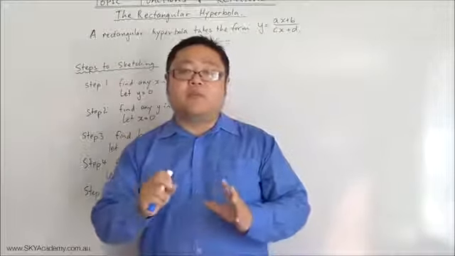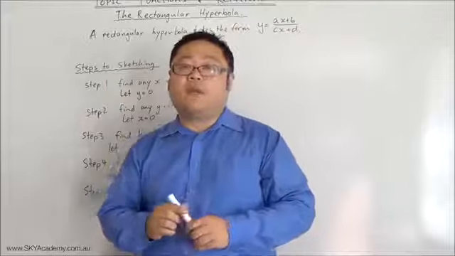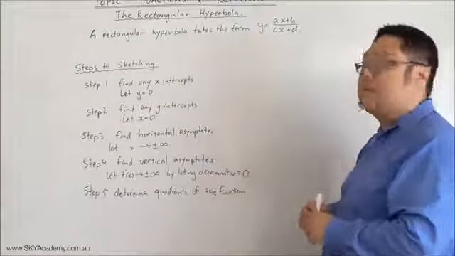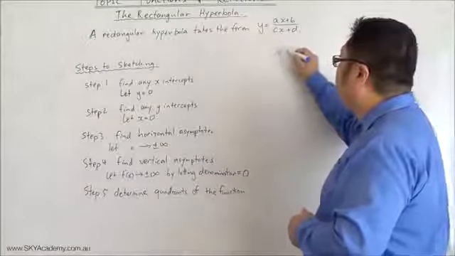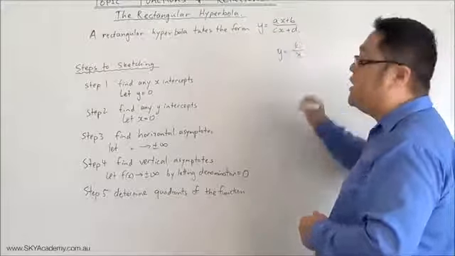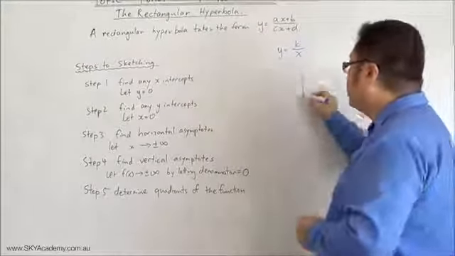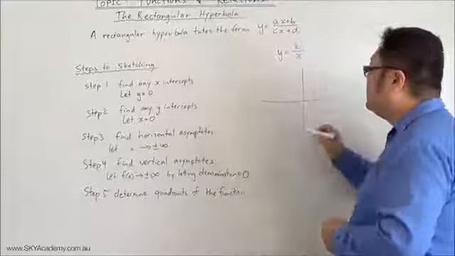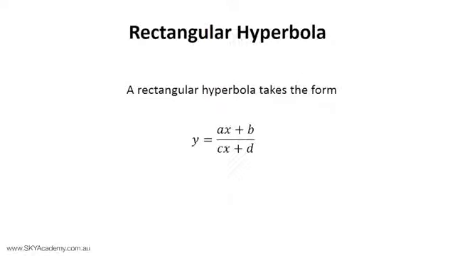Let me just go through the general form of a rectangular hyperbola. You might recognize it as y is equal to k over x, which is quite a simplistic form, and it looks like this.